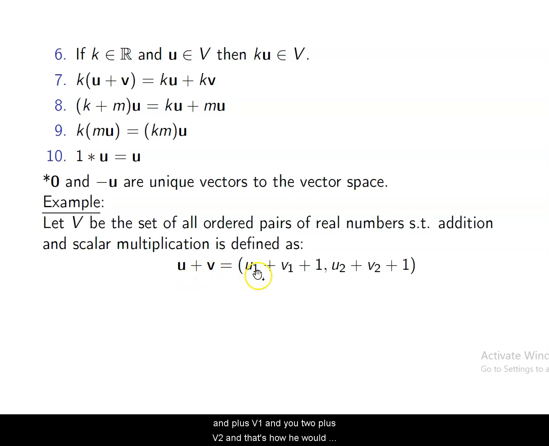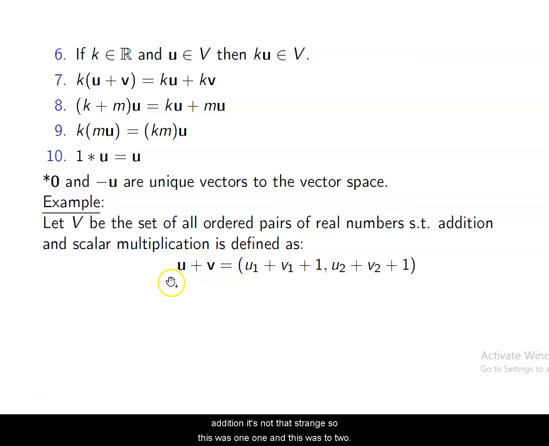So normally it would be just u1 plus v1 and u2 plus v2, and that's how you would add two objects together. Here we're going to do the same thing. We're going to add the first items from each vector or object together, and then increase it by 1. Same thing with the second portion. We're going to add the second numbers from the ordered pair together, and then increase it by 1. And that's how we're going to define addition.